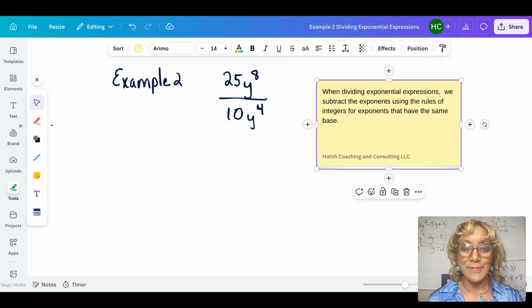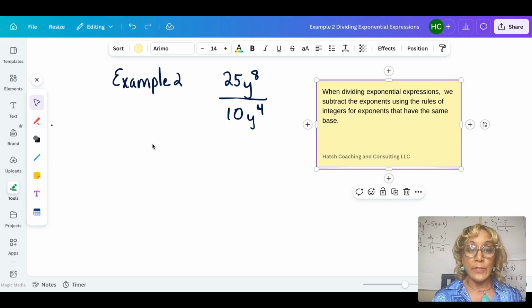Okay, here we go. In this particular example, I have something in the numerator as well as the denominator, and I've got to make sure that I have the same base. When we're dealing with the coefficients, what we generally look for is a common factor to see if it can reduce in that way. I can do that because I know that 25 and 10 have a common factor of 5.